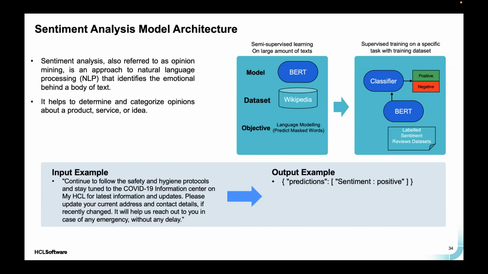What it provides is that we can take the pre-trained model and tune it to our requirements with a relatively smaller dataset according to the use case, and then retrain the BERT model to get a classifier for positive or negative sentiment as per the requirement.